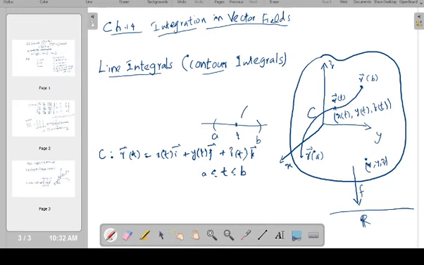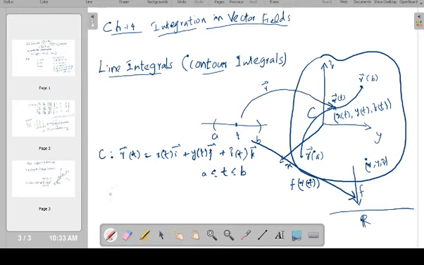From here to here you have the vector function r. So start with t, go to r of t, then take f of that, f of r of t. So this is the composite function f of r of t, that means f of x of t comma y of t comma z of t. So this is the setup.